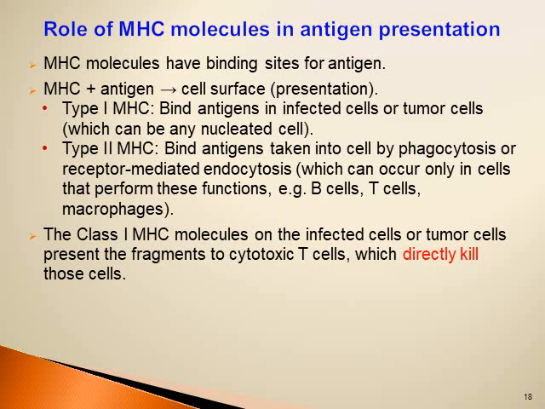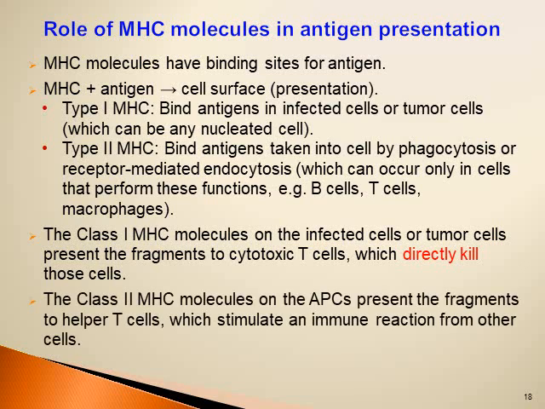Class 1 MHC molecules on the infected cells or tumor cells present the fragments to the cytotoxic T cells, which directly kill those cells. Type 2 MHC molecules on the antigen-presenting cells present the fragments to helper T cells, which in turn stimulate an immune reaction from other cells.